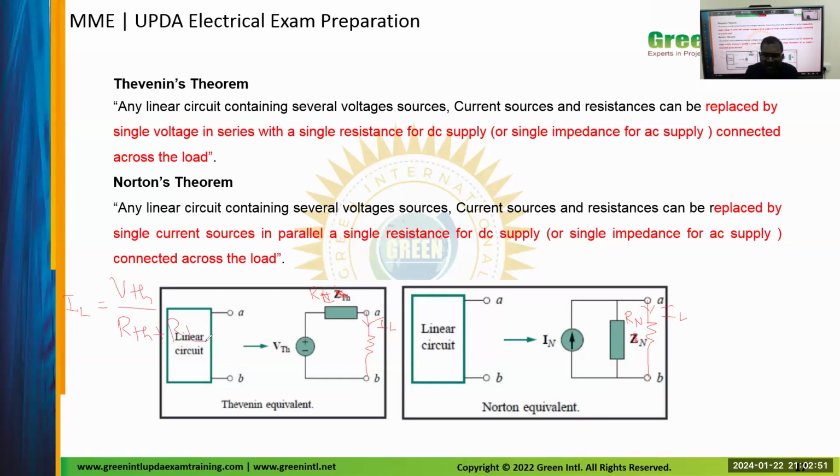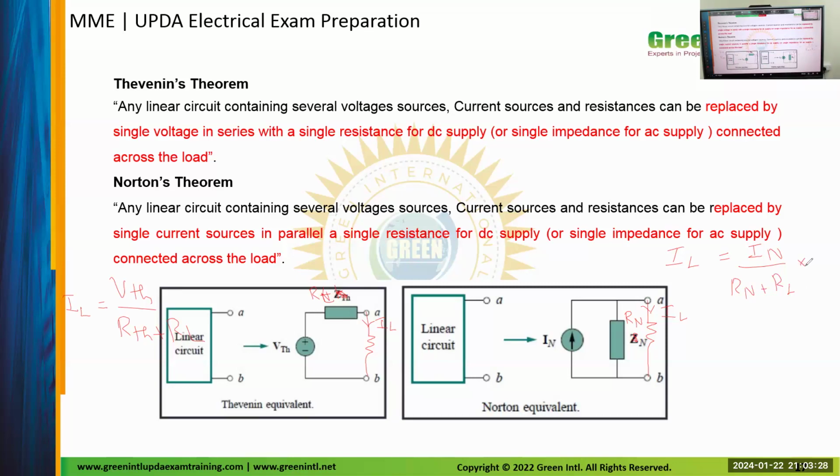Sometimes they ask this formula directly. On the other hand, we have the Norton current. We need to find the IL. How to find the IL? Here we apply Kirchhoff's current law, the current division rule: total current, which we call IN, divided by the sum of the resistances, RN plus RL, and into the opposite branch resistance.